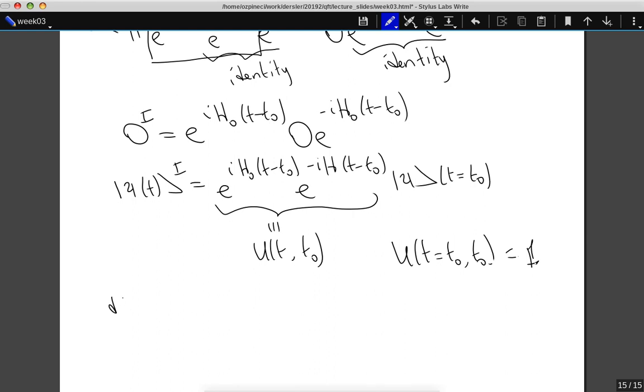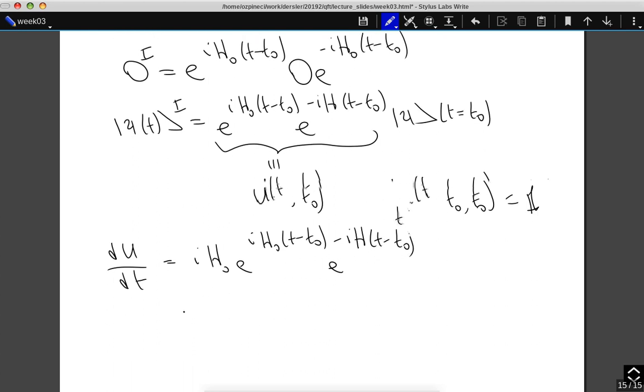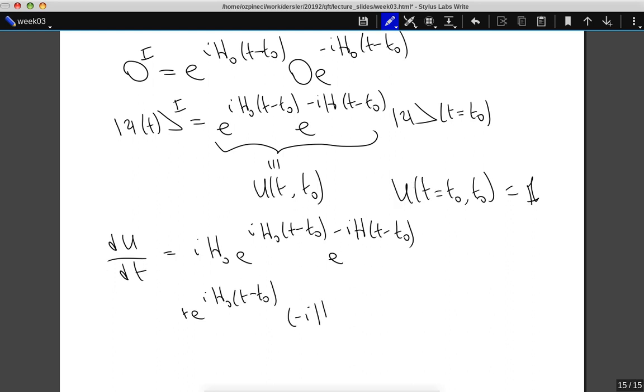Well, let me take the time derivative of U. This will be i H0 e^{iH0(t-t0)} e^{-iH(t-t0)} plus e^{iH0(t-t0)} (-iH) e^{-iH(t-t0)}.